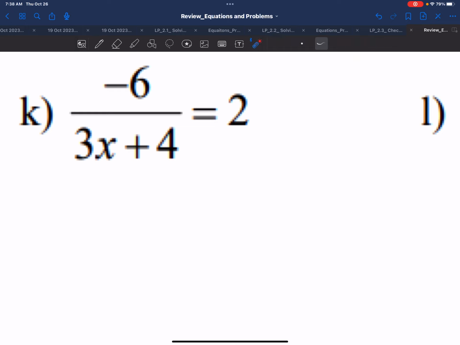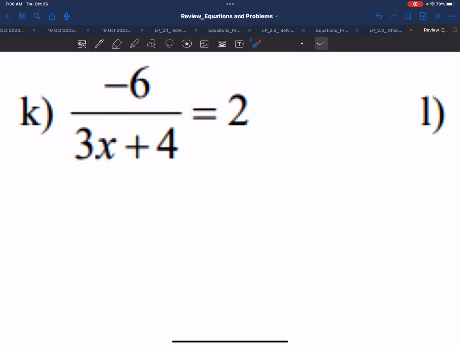Remember that whenever we have fractions, what we do is we multiply by the expression in the denominator. So we have negative 6 in here divided by 3x plus 4, which means that we need to eliminate the denominator first.